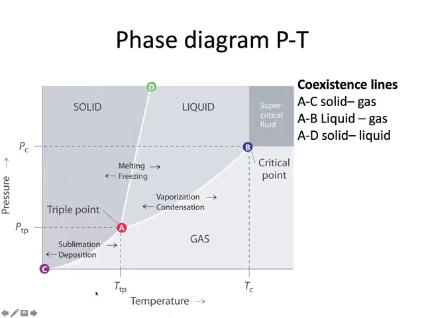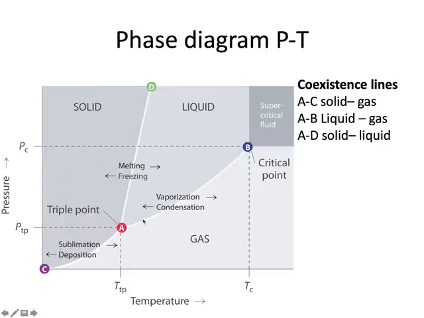And a phase diagram consists of some lines, which are called coexistence lines, that separate, in this case between A and C, gas and solid. So in order for the solid to go to the gas phase, we call that sublimation, or the other way, it's deposition.